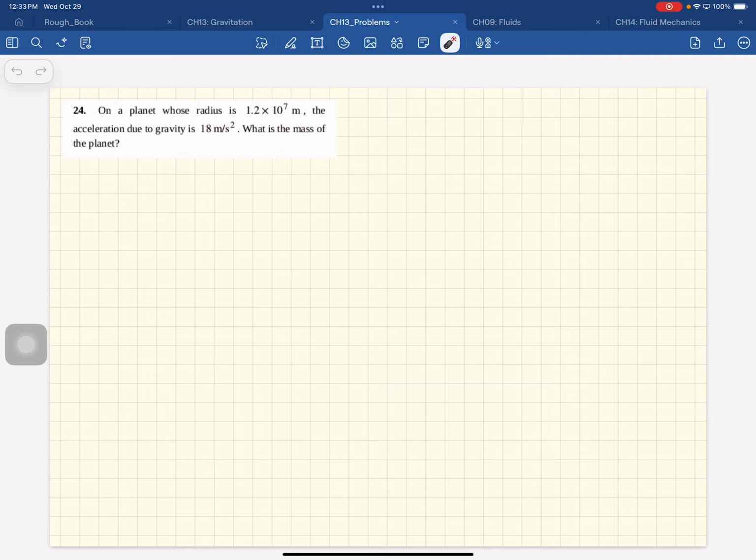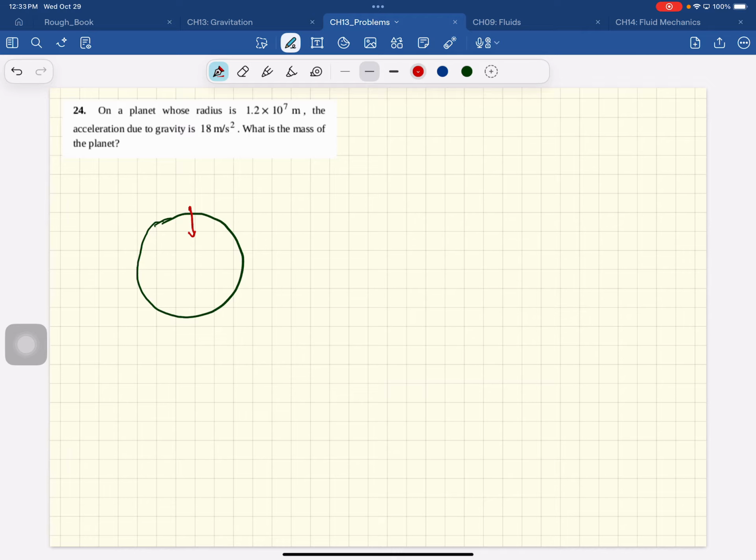Let me remind you, on a planet, when you're on the surface, mg is equal to the gravitational force, G times the mass of the planet, times m, divided by radius squared.